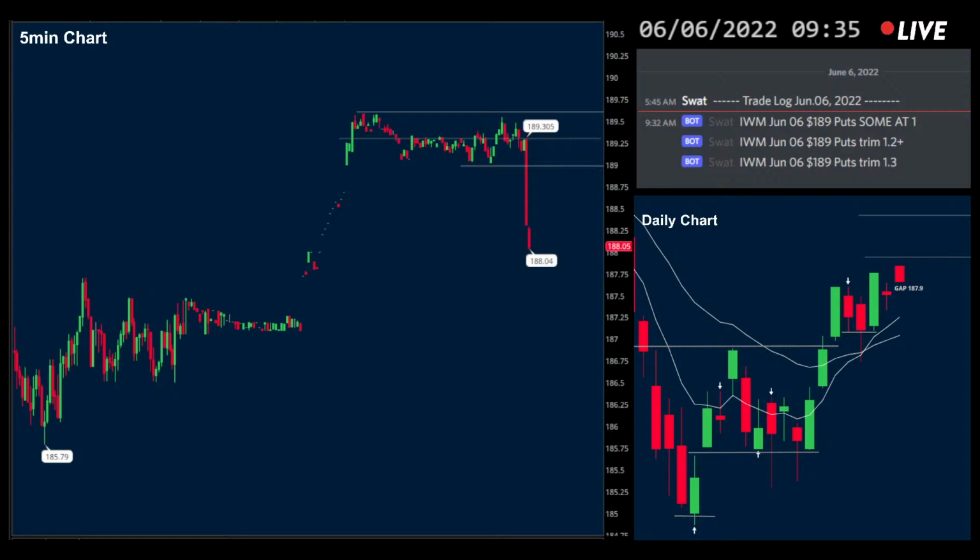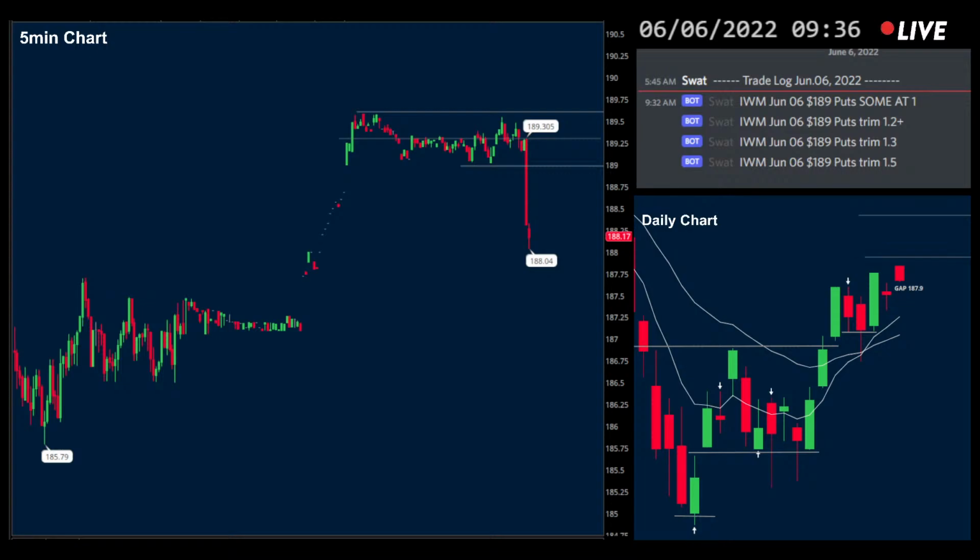IWM, new lows on the day. Okay, 50% on IWM. 50% in 5 minutes, guys.